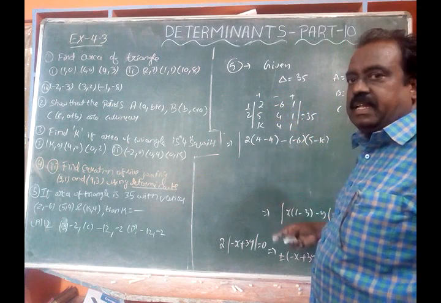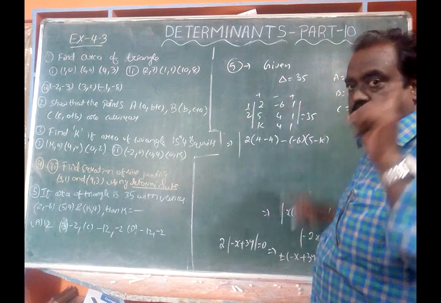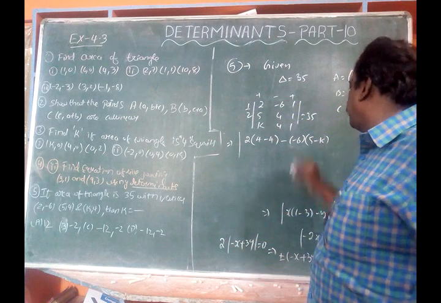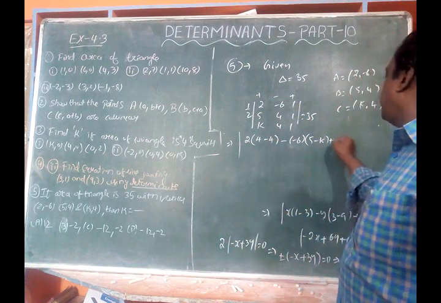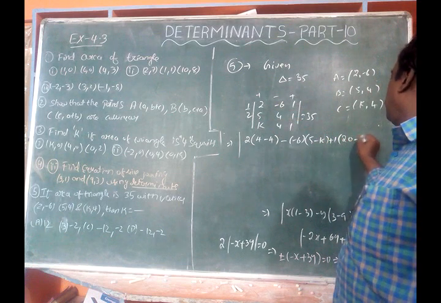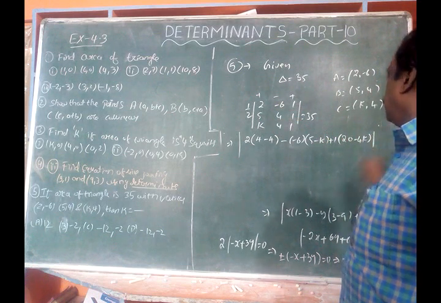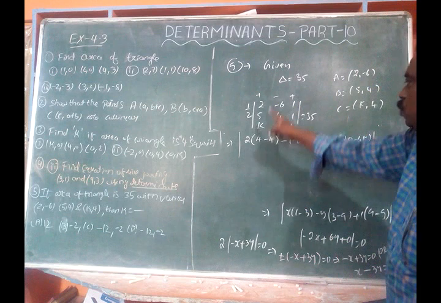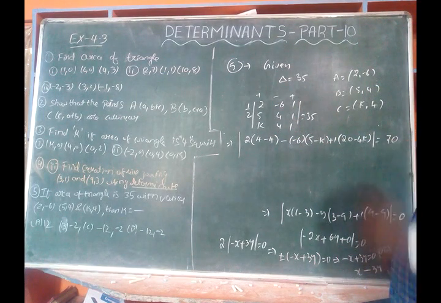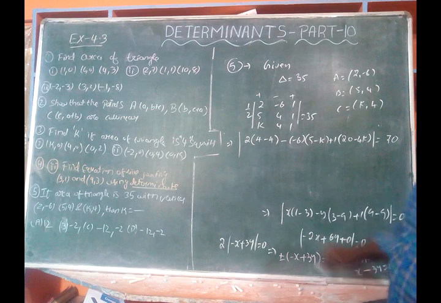While we are calculating the determinant, the signs plus minus plus must be there. And here the minus 6 is the element. And plus 1 of (20 minus 4k), modulus closes, equal to 35, so 70.